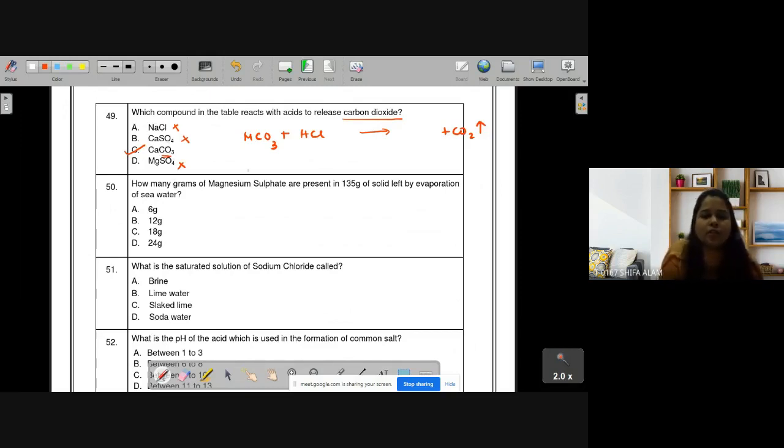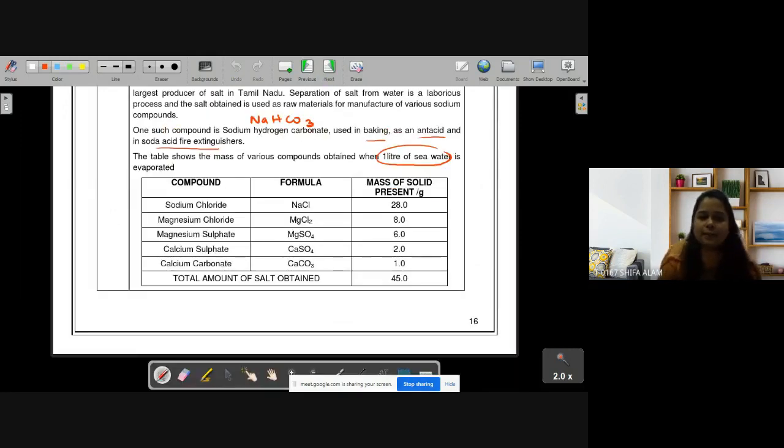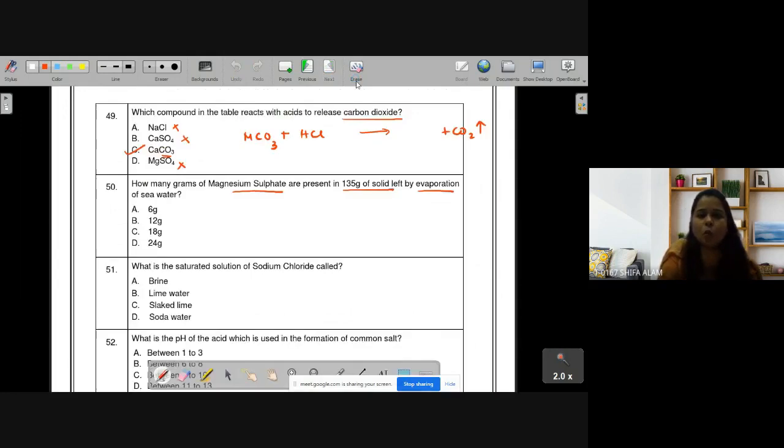Now, the next question is how many gram of magnesium sulfate is present in 135 gram of solid left by evaporation of seawater? Let us go back to the data and see that when 45 gram of the solid total salt was heated, magnesium sulfate was 6 gram that was obtained. What do they want? 135 gram.